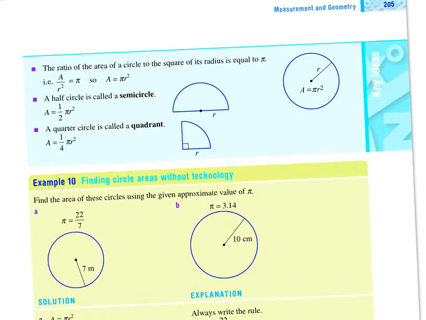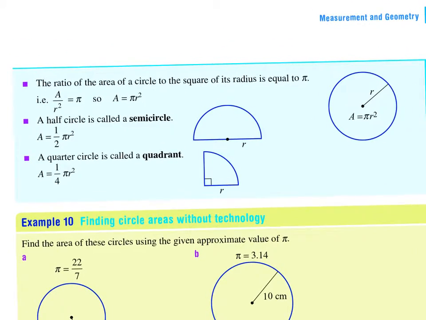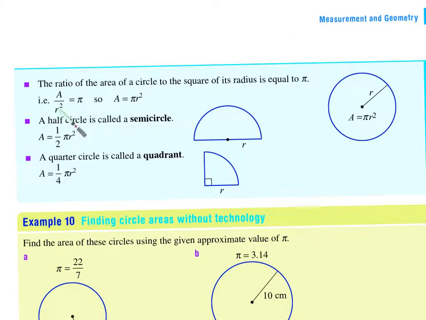So here's some important things that we need to know. The ratio of the area of a circle to the square of its radius is equal to pi. Okay, what does that mean? For example, if you divide area by the radius squared, that is how you get pi.